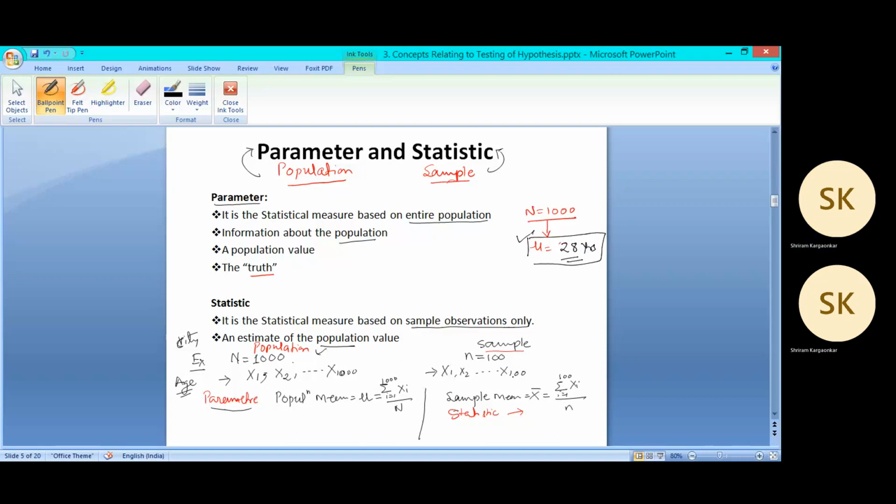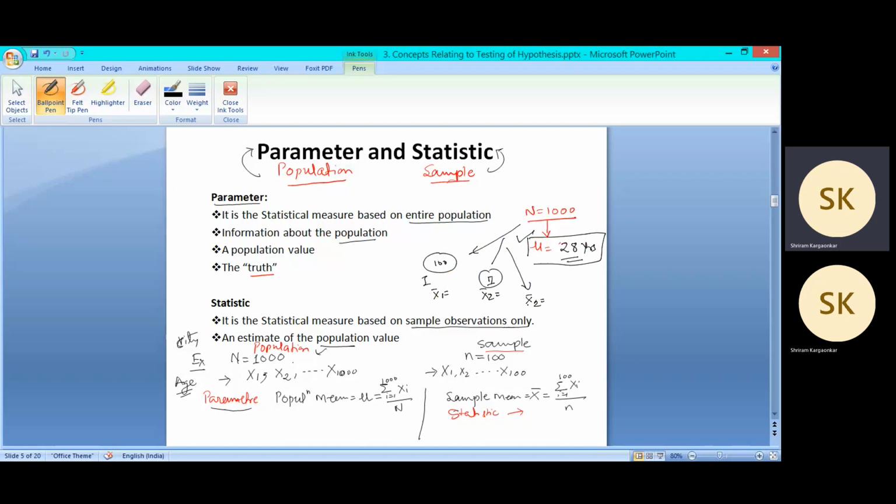But when I take samples randomly, there can be any 100 observations. This is sample one, or suppose another sample I took, there can be any. Whatever values I get, I'll get different means, isn't it? Because these values are taken randomly from this population.